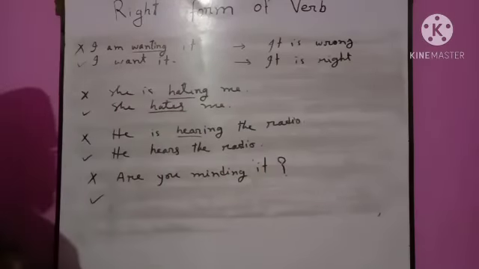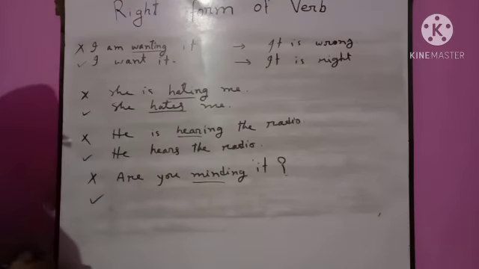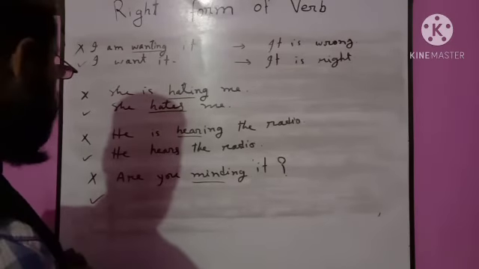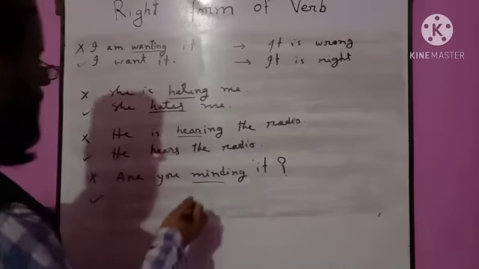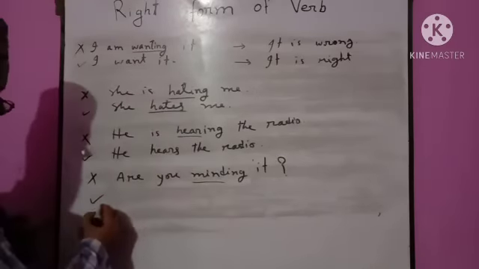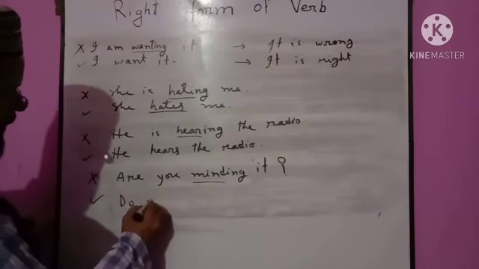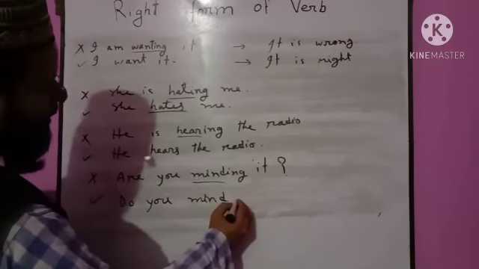It is wrong. Minding, from mind, is a verb of expressing feeling or emotion. So we should not use it in continuous tense. We should use mind in simple present tense. That means, do you mind it?